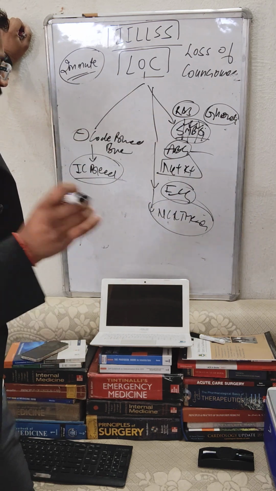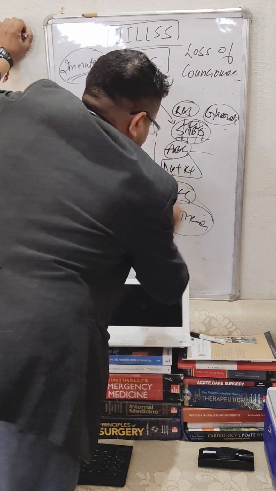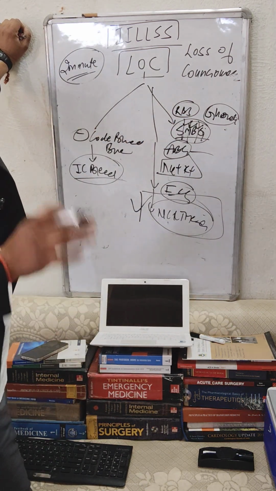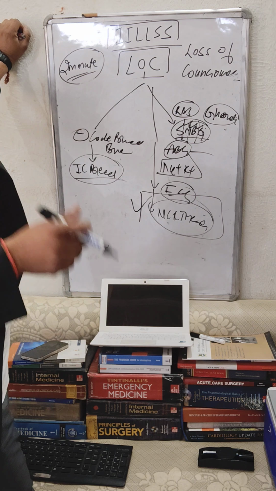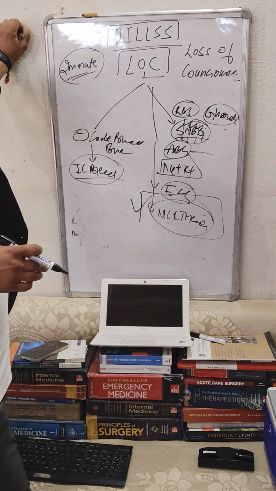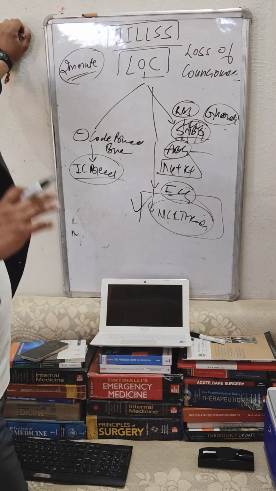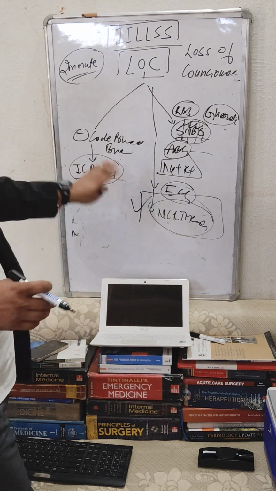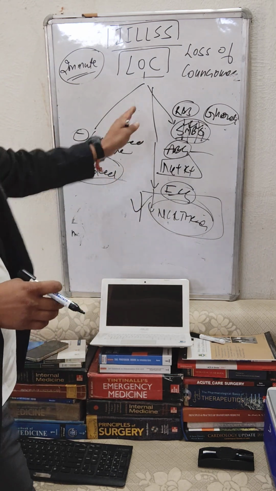The only gold standard deciding factor is NCCT head. Using any thrombolytic agents, aspirin or heparin or whatever, without doing the CT scan is not at all acceptable, because nobody in the world can find out that this patient is having a bleed.